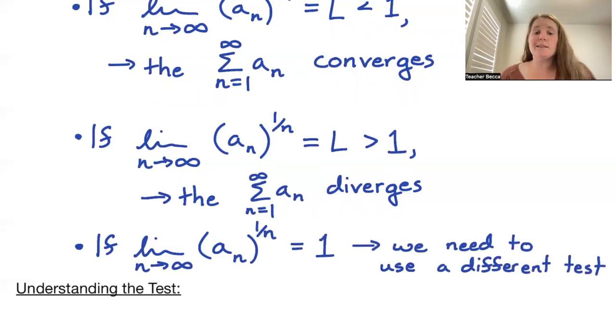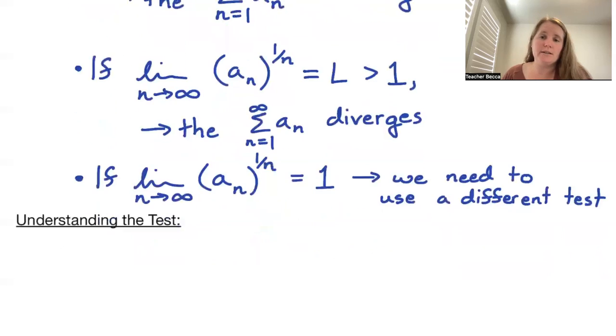So to understand why the test works the way it does, we can pull a very similar trick to what we pulled for the ratio test.